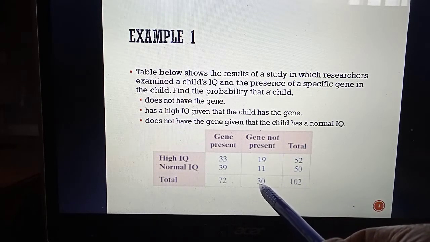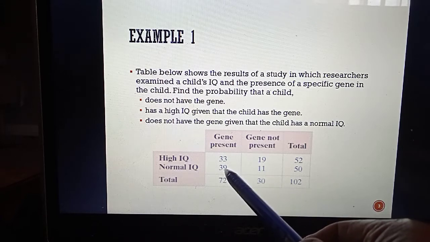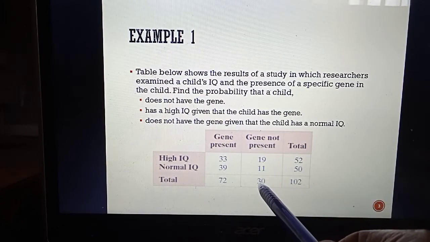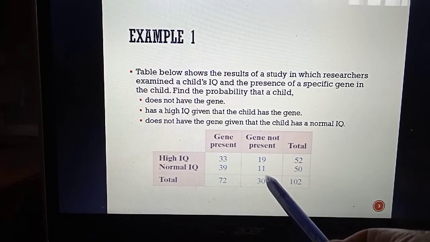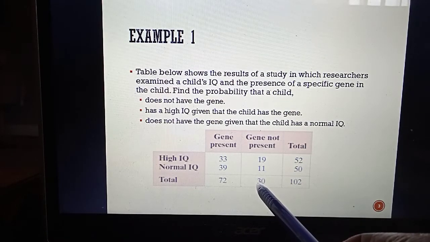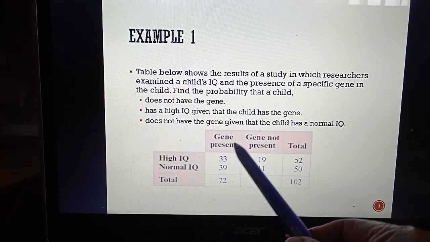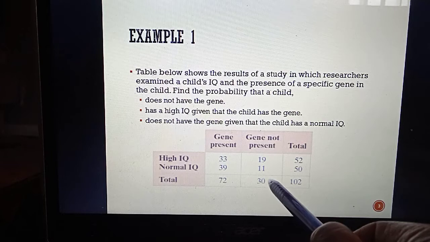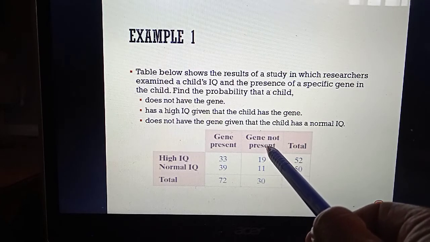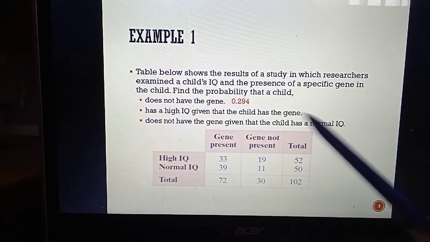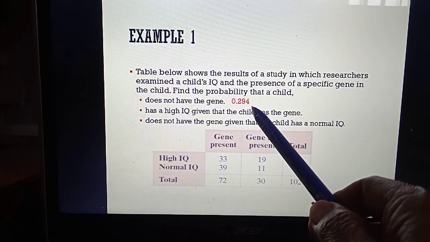So the probability that a child does not have the gene is 30 over 102, which is 0.294.